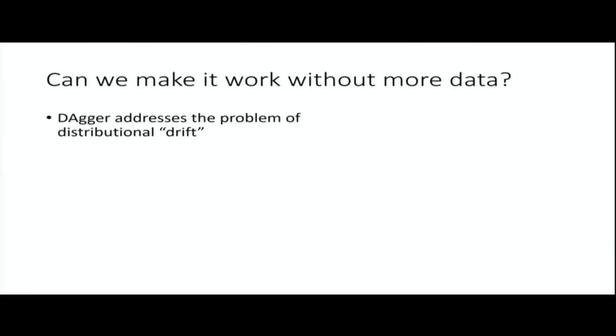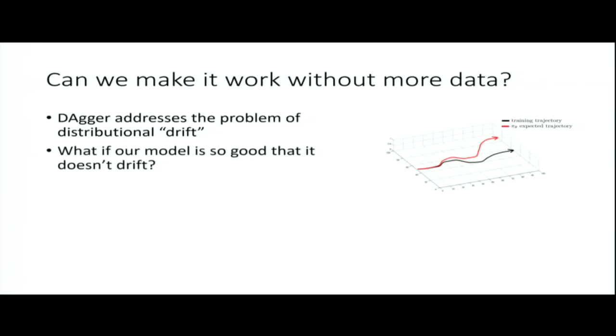So Dagger addresses the problem of distributional drift, if we want to call it by an informal word, meaning that as you make mistakes, your errors compound and you get into more and more unlikely situations, and if you didn't have that in your training set, then you're in trouble. So that's this picture. So what if our model was so good that it didn't drift?